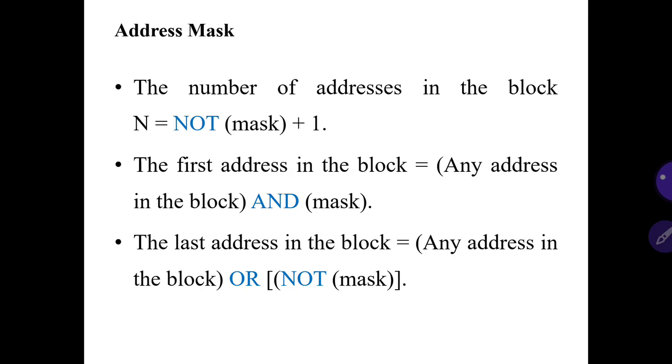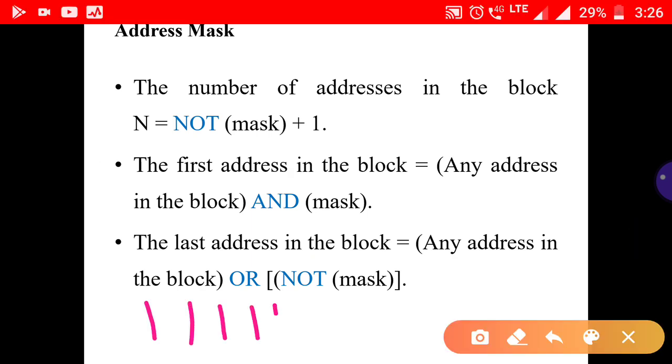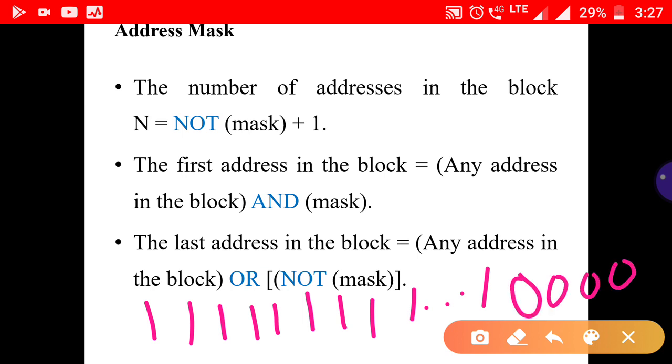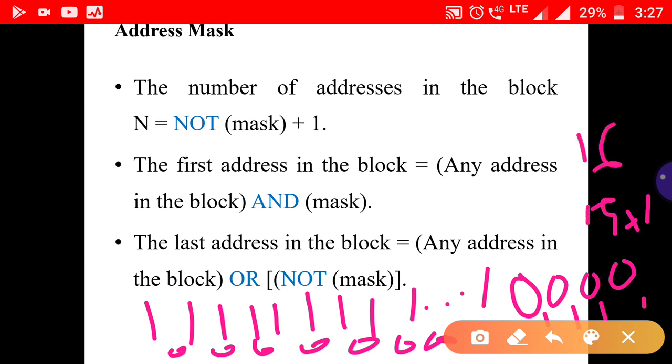Suppose slash 28 is given, 28 ones followed by 4 zeros, 1 1 1 1 1 1 1 up to 28, then followed by 4 zeros. It is a mask. Okay, NOT of mask is nothing but all are 0 0 0, right? So then the last 4 bits become 1 1 1 1, that is equal to 15 plus 1. Total number of addresses is 16.